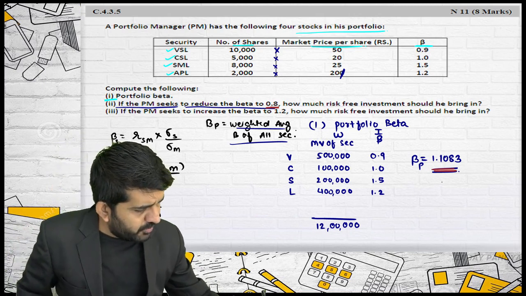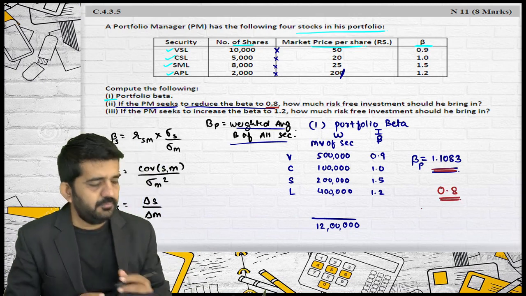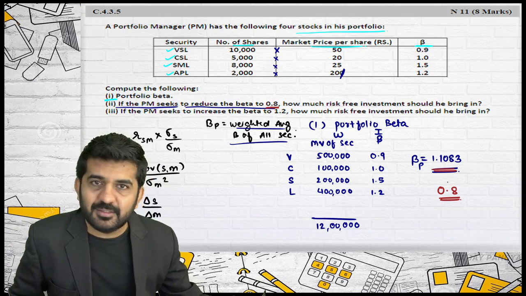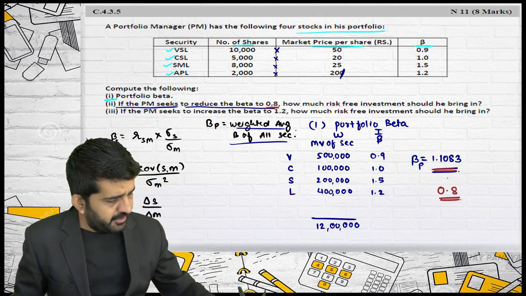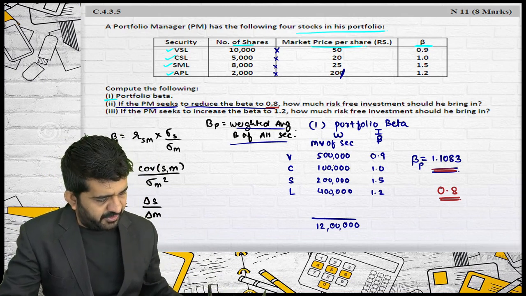Try to concentrate on a simple thing. I want to convert this beta into 0.8. Is it alright? So I will have to reduce this beta. Now concentrate. Let me find out total of this and let me write down separately even all totals.